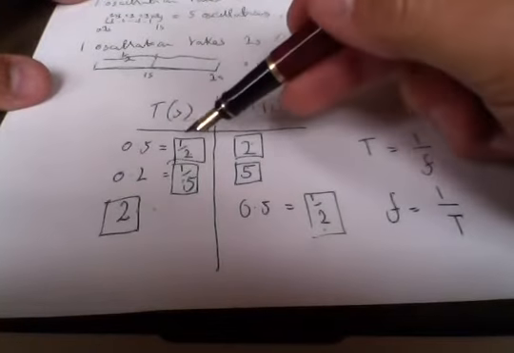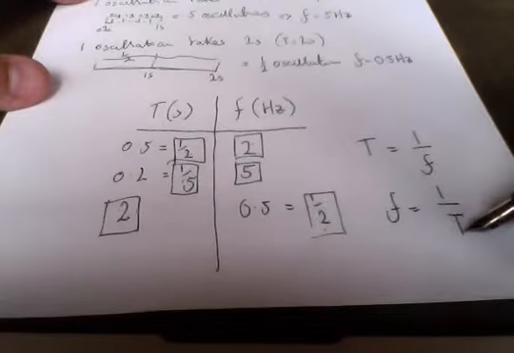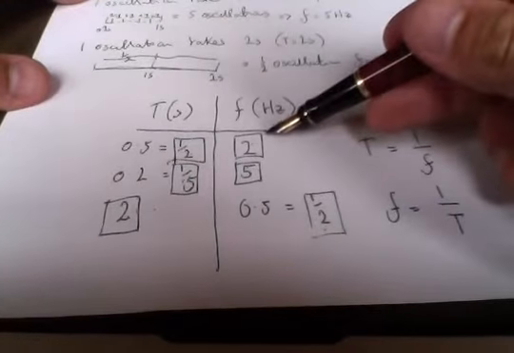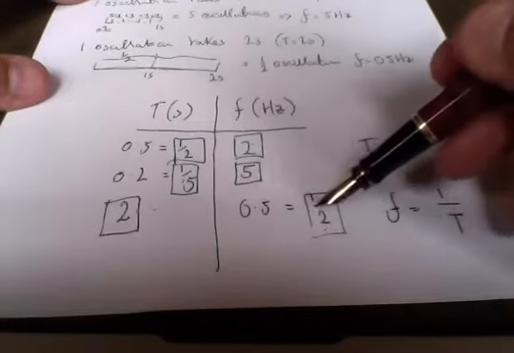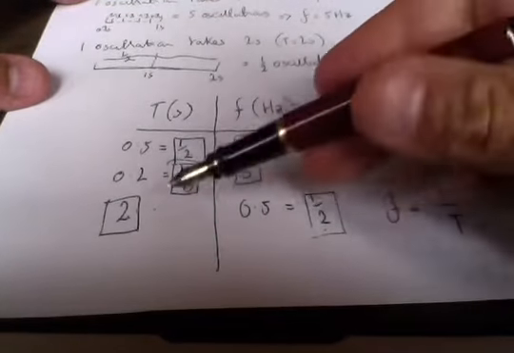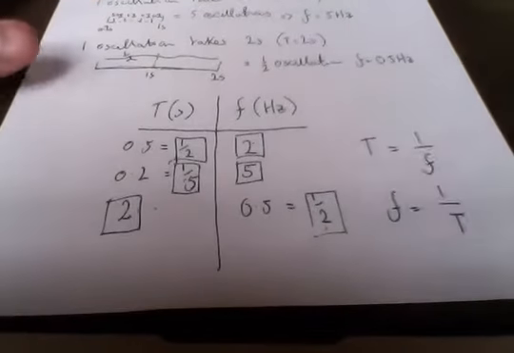Note here, the time period was a half. 1 divided by a half gives us 2. It's quite a tricky one there. However, the frequency here, the time period was 2, so 1 over 2 gives us a half. The frequency is a half.